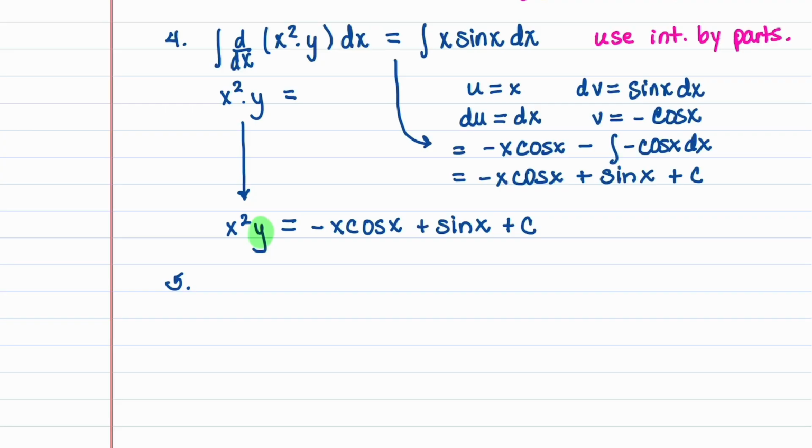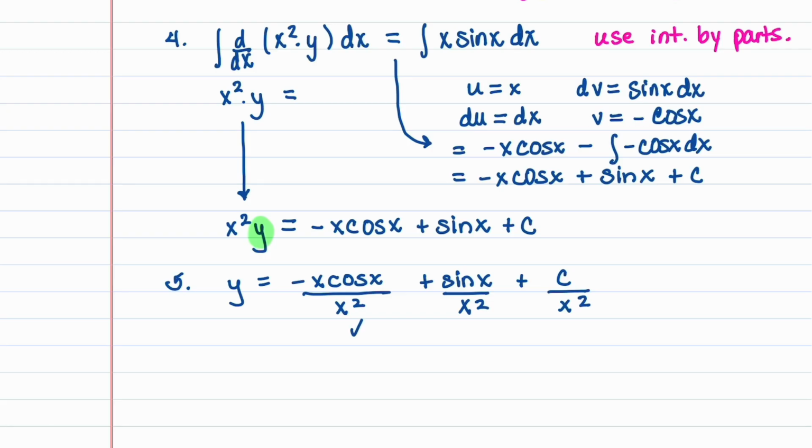We're going to do that by dividing by x squared. So we have y is equal to minus x cosine x all divided by x squared plus sine x all divided by x squared. And then we can't forget to divide our c also by x squared. It looks like we can simplify this first term.